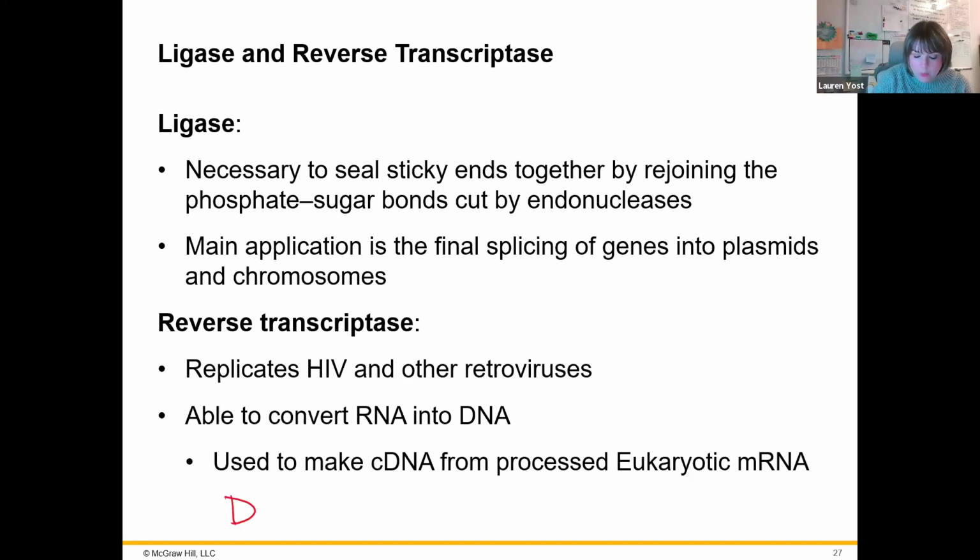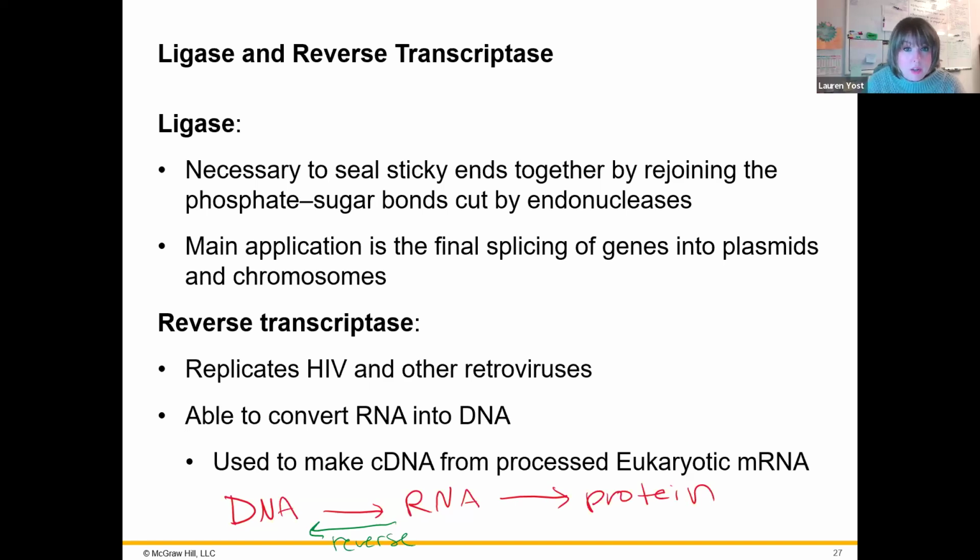Normally we go from DNA to RNA and then make protein by reading the RNA, right? We learned about that in the previous chapter. In order to go from RNA back to DNA, this is the reverse process. So it is reverse transcription. The enzyme that does reverse transcription is called reverse transcriptase.